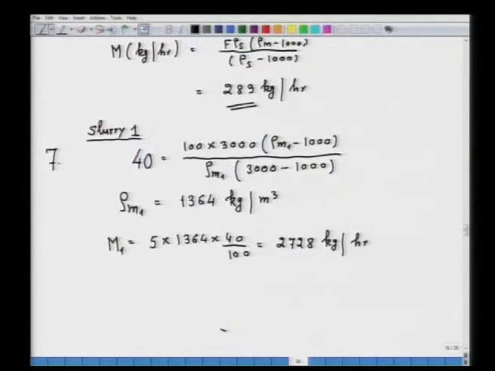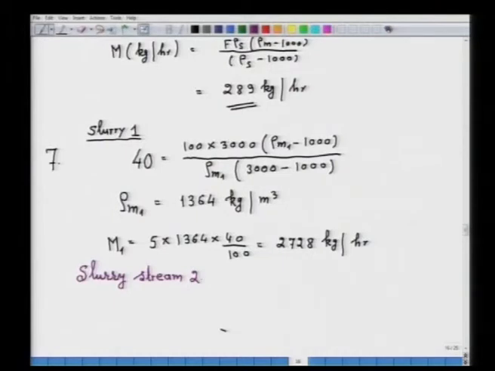This is the mass flow rate of slurry stream number 1. Now, let me calculate for slurry stream number 2. I will proceed the same way.